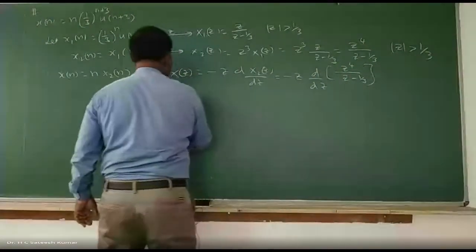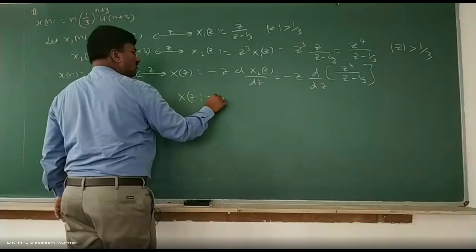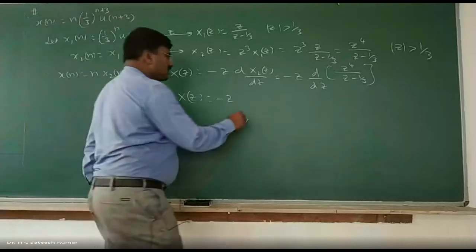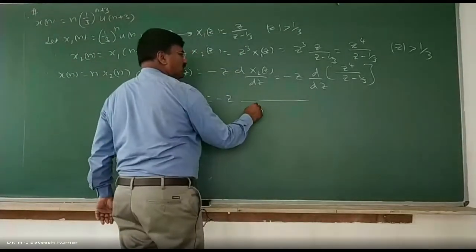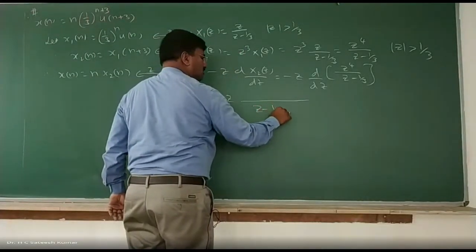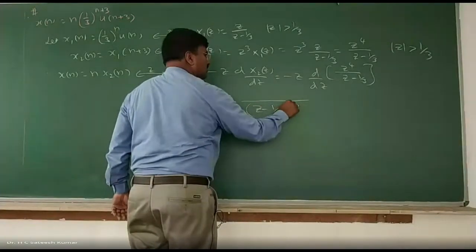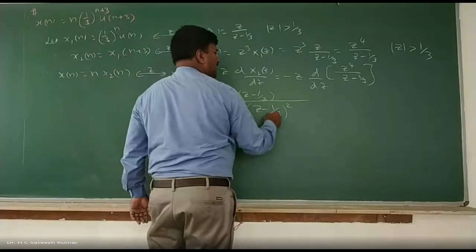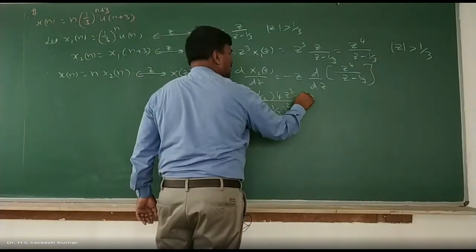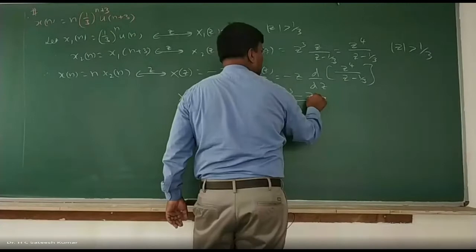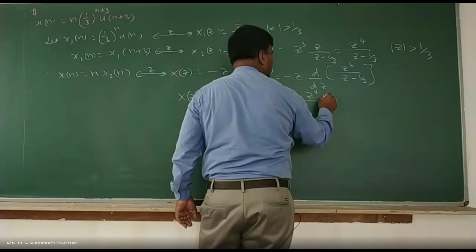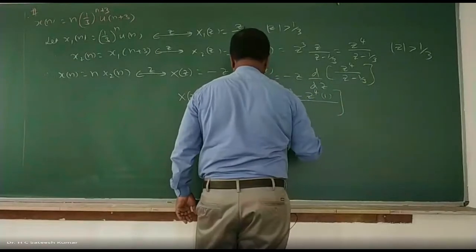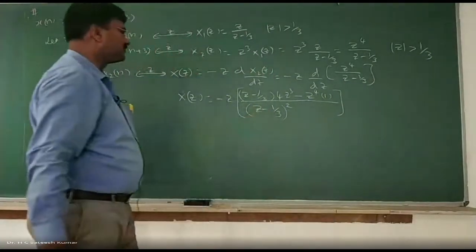So therefore, x of z is equal to minus z into, differentiate this one. So differentiate this, what is that we have? Denominator, z minus 1 by 3 whole square, denominator z minus 1 by 3 into d by dz of numerator 4z cube, minus numerator z to the power of 4 into d by dz of denominator, which is 1. Z is 1, 1 by 3 is 0. Okay. So this minus z is outside.